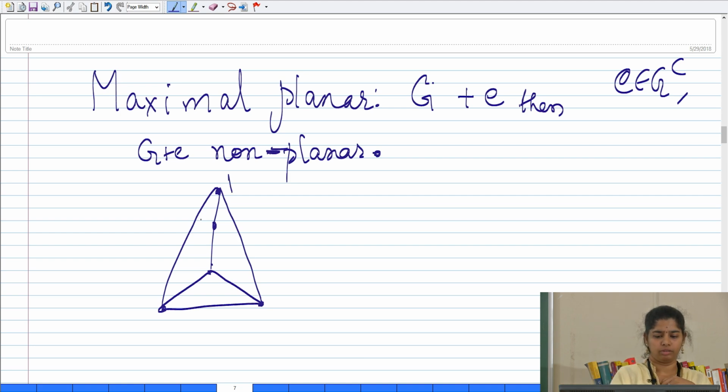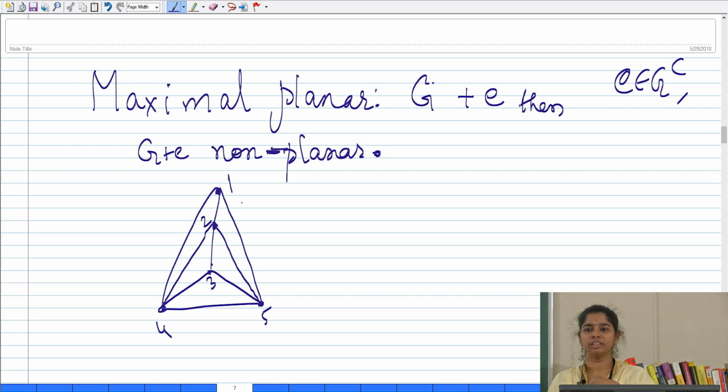Say I have 1, 2, 3, 4, 5. Is it maximal planar? What other edge can I add? 2, 4 and 2, 5. I can still add these 2 edges. Any more? So, what have we done in this process?